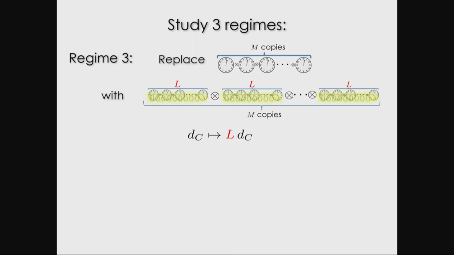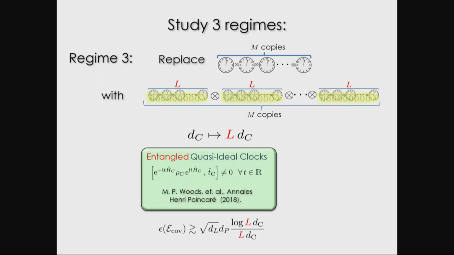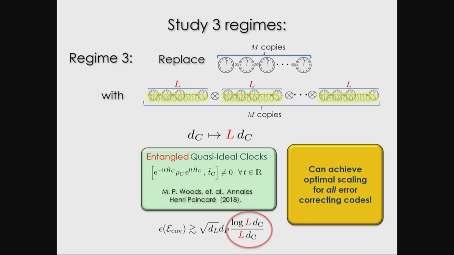So then what we did is we said, well, what happens if we replace these M clocks with M copies of L entangled clocks? Basically, one can show that the bounds from the previous slide still hold, but replacing the dimension of the clock by L times the dimension of the clock. And in particular, in the case of what we now call the entangled quasi-ideal clock, it still satisfies this relationship, but now we get this bound here, which saturates the lower bound given by Sepehr and Kohlfuss.